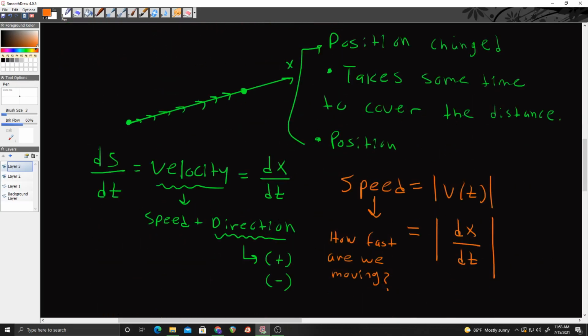All right. Next is acceleration. In order to understand the difference between acceleration and velocity, let's consider a couple things. First, think about dropping something. When you drop something, the moment you let go, the thing's not moving. And then as the object leaves your hand, the speed increases and it goes down.